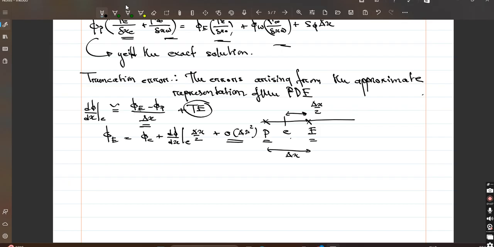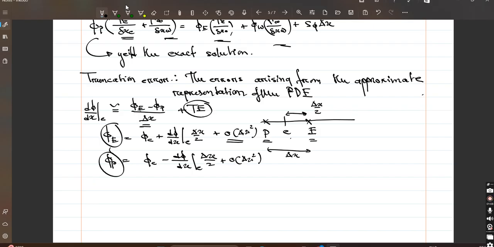These are the terms that we club together and only write the order of the leading term, right? And similarly, phi P will be phi e minus d phi by dx at e times delta x by 2 plus order of delta x square, right?